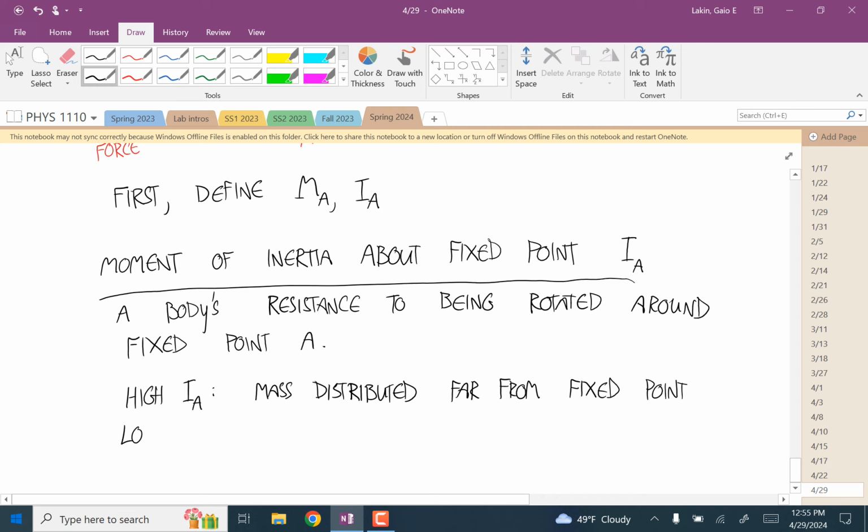And a low value of the mass moment of inertia is when the mass is distributed close to the fixed point.